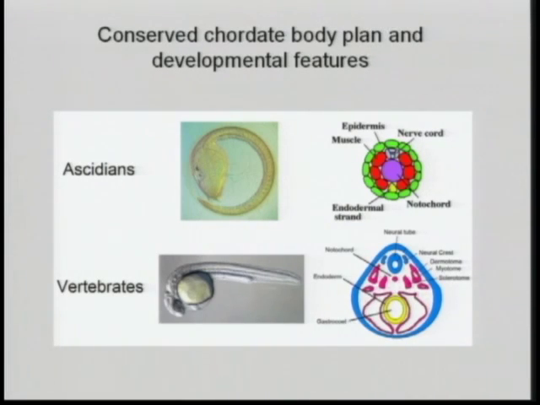If you look at the dorsal-ventral patterning of the trunk, you see a most dorsally localized nerve cord, the notochord, and other tissues. This conservation of the body plan reflects the fact that ascidians are indeed very closely related to vertebrates.